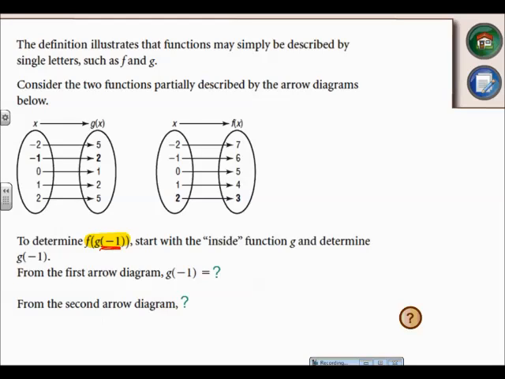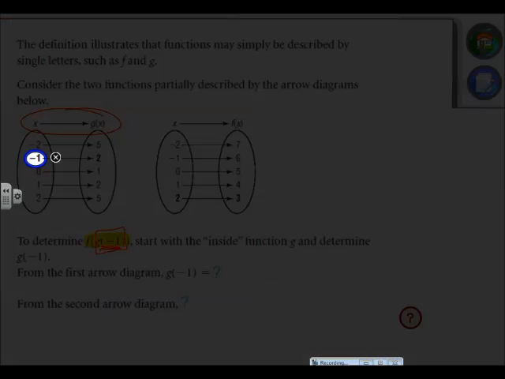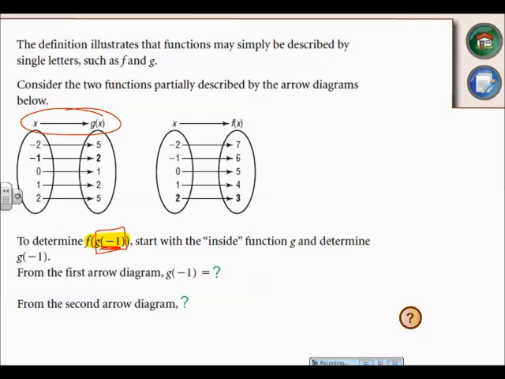So we're going to, first of all, just pay attention to what's g at negative 1. So let's go to this first one. The first one is talking about g, and we need to find where is g at negative 1. So x of negative 1, go across, and that gives us 2. So we can see that g at negative 1 is 2.